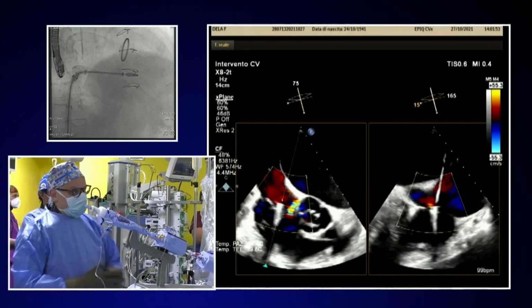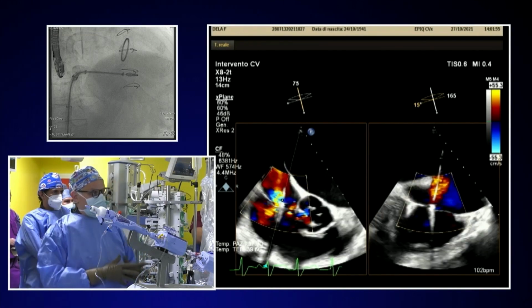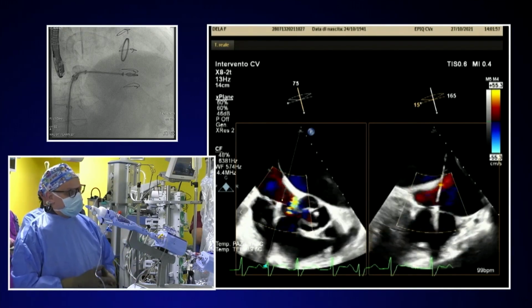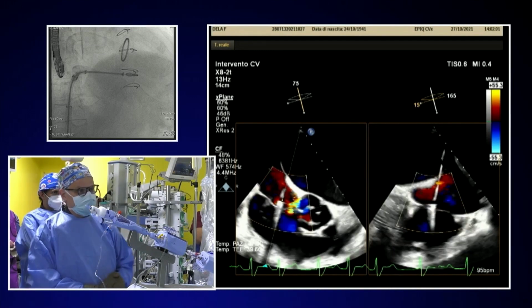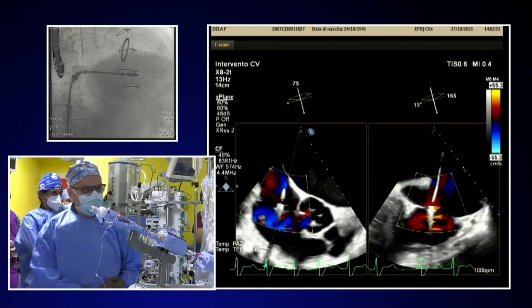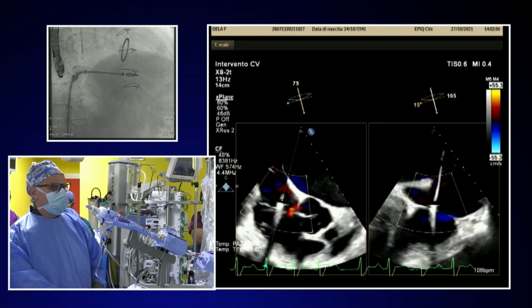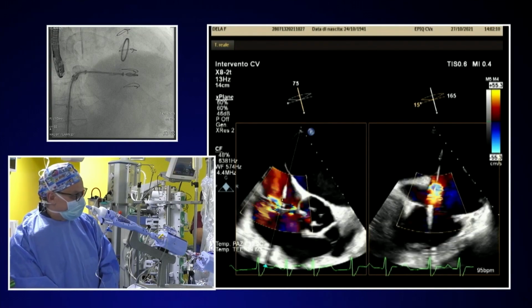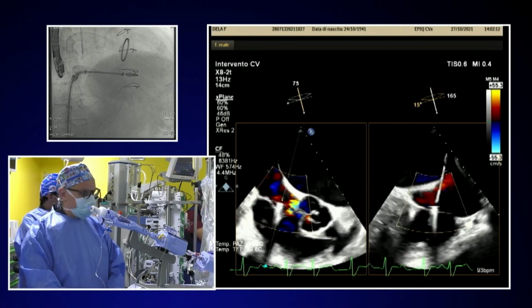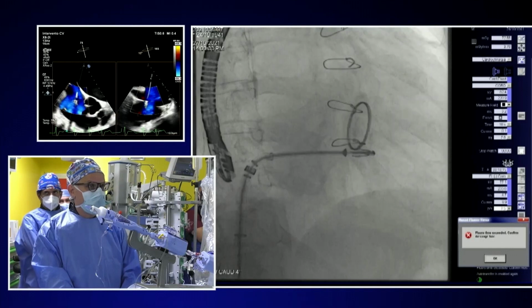Okay, again, as usual in these procedures, there are a lot of confounders until we are detached from the delivery system. I would check the final arm angle, release this clip, and assess the valve without the connection to the delivery system.